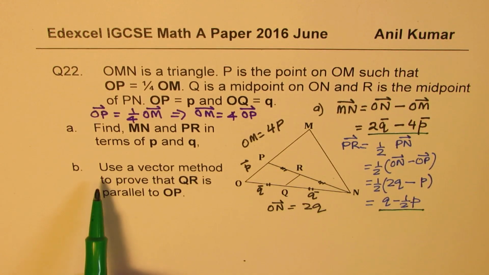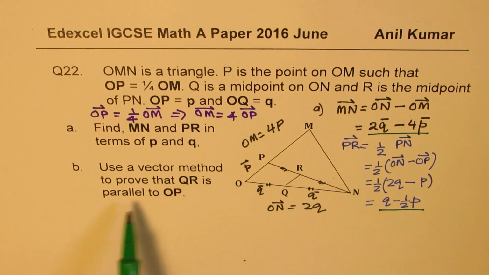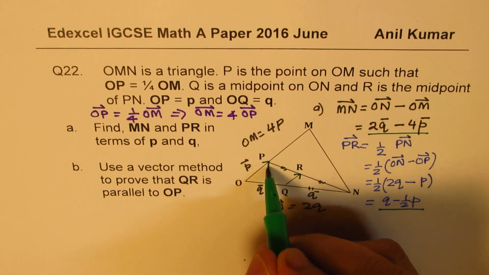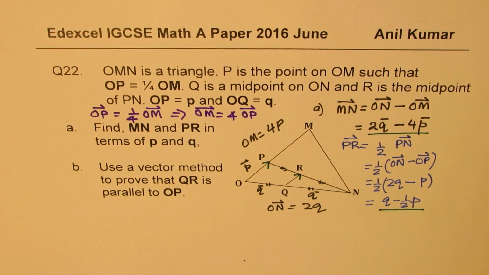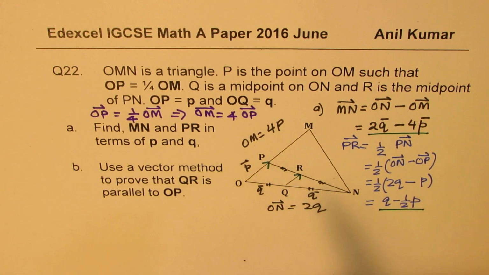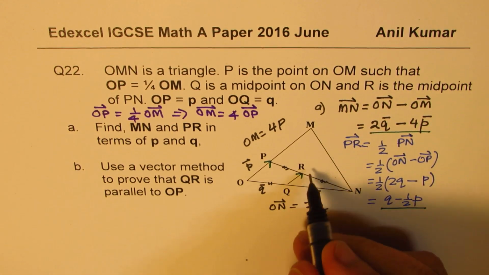Now, use a vector method to prove that QR is parallel to OP, right? So we have to prove that these two are parallel. We are given that Q and R are midpoints, correct? Now to get QR in terms of OP, we could actually write like this. Q to R means what?